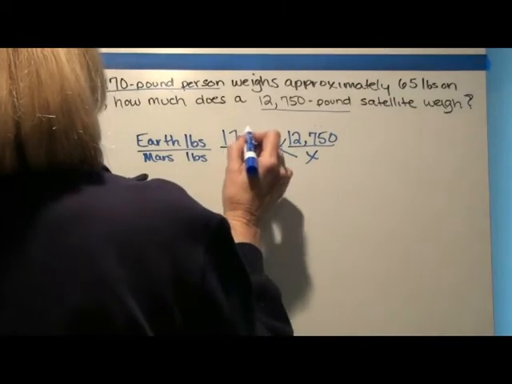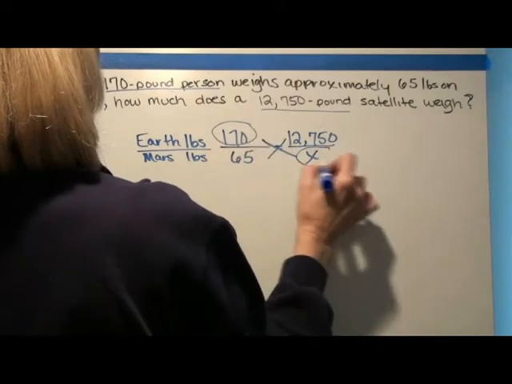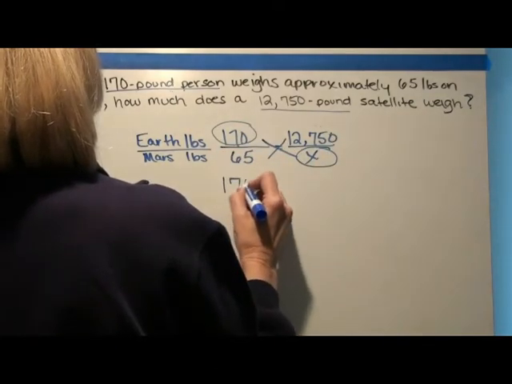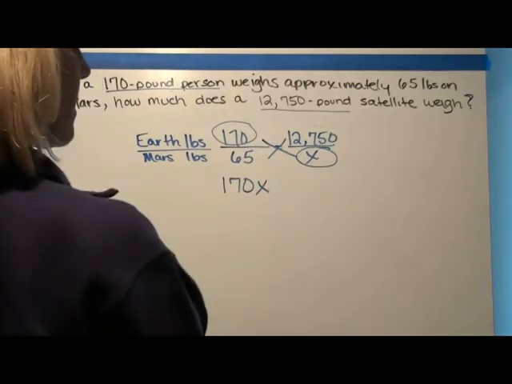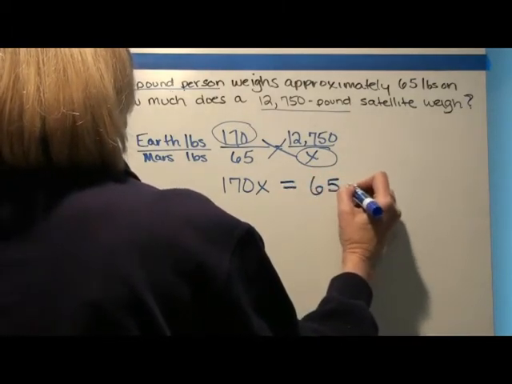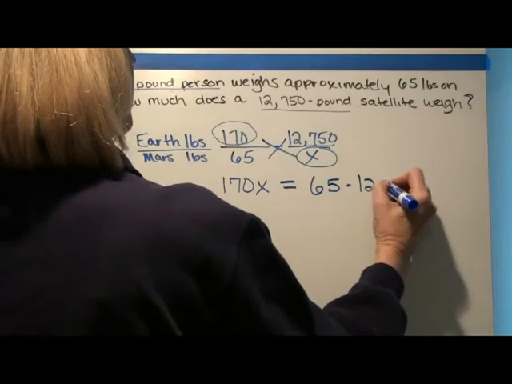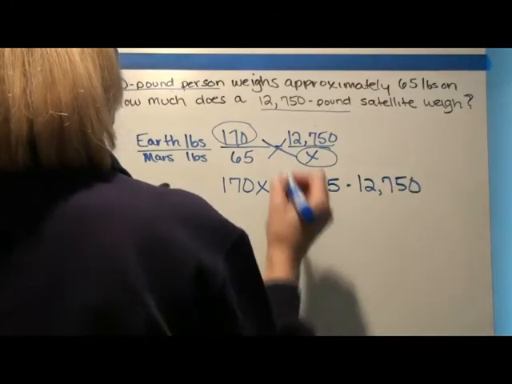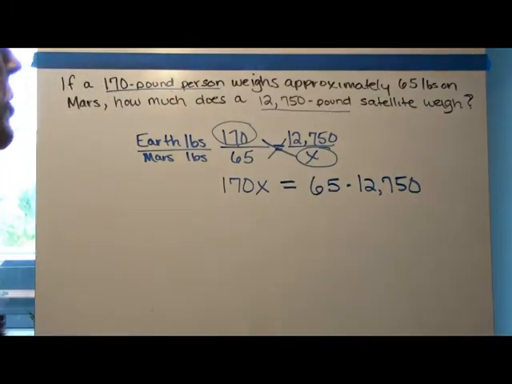So that means that if I multiply the 170 times x, it has to be equal to 65 times 12,750 for that proportion to be true.